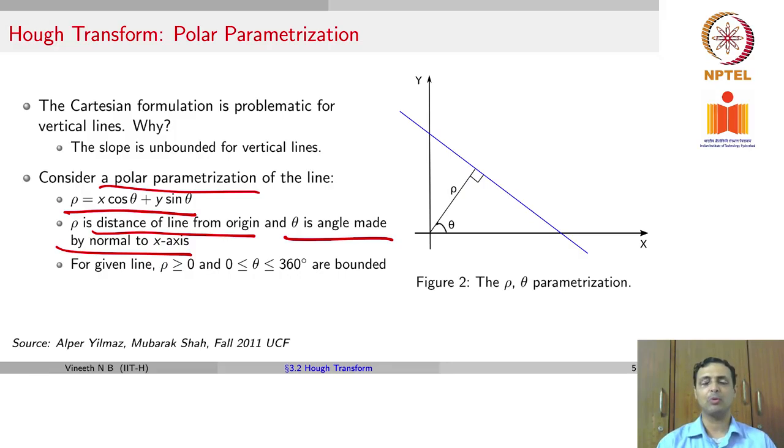This is a standard polar parameterization used going from Cartesian coordinates to polar coordinates. We know now that in this space, rho is bounded, at least lower bounded by 0, and theta lies between 0 and 360. We know that these quantities are bounded, which makes it slightly easier to work with.